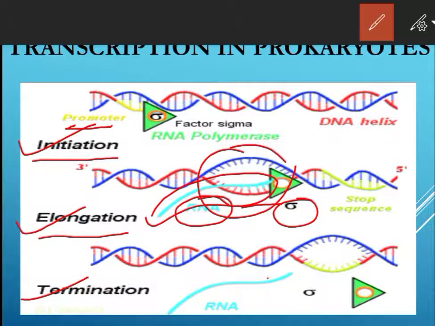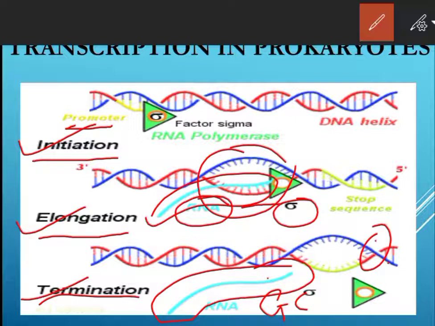Now let us study the last step, and that is termination. When the RNA polymerase reaches the terminator region of DNA, you can see here the terminator region is present, right? So when the RNA polymerase reaches the terminator region of DNA, which is GC rich, guanine and cytosine rich, and has a hairpin-like structure, the nascent RNA separates, meaning the RNA which is formed gets separated and the RNA polymerase falls off.